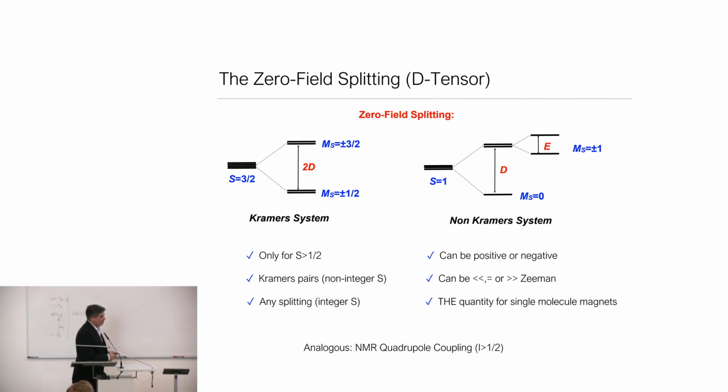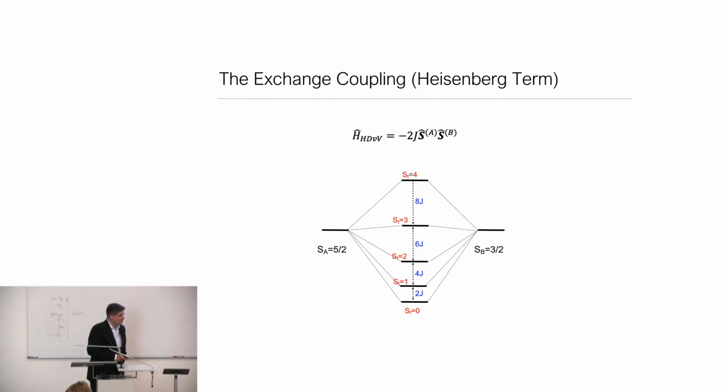Yeah? Now finally here, the exchange coupling, what it does is the interaction between two separate spin systems, and that is usually described by a phenomenological Hamiltonian that's called the Heisenberg-Dirac-van Vleck Hamiltonian. And so careful, I think Dan will probably go into more detail in his lecture. There are several ways to write that.